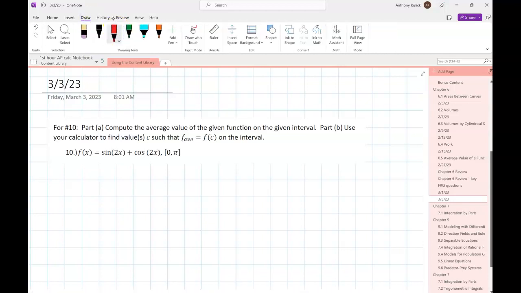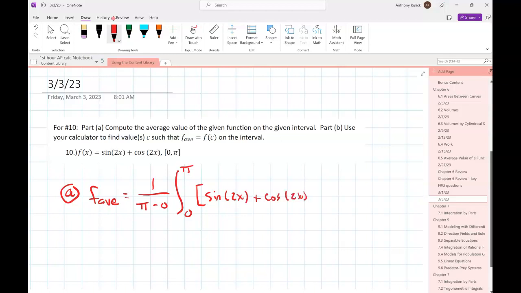All right, so part A, we know that f_av is going to be 1 over pi minus 0, the integral from 0 to pi of sine 2x plus cosine 2x dx.